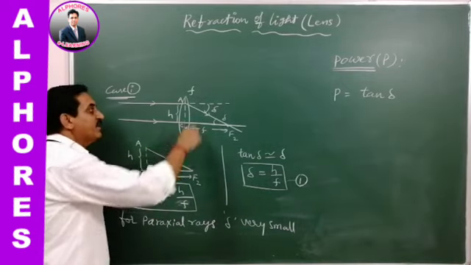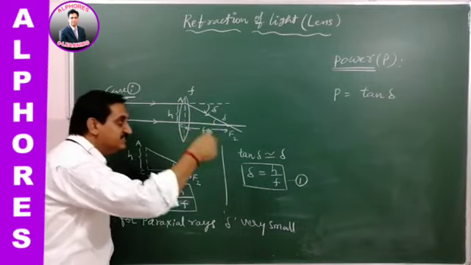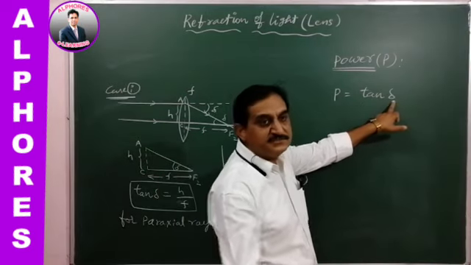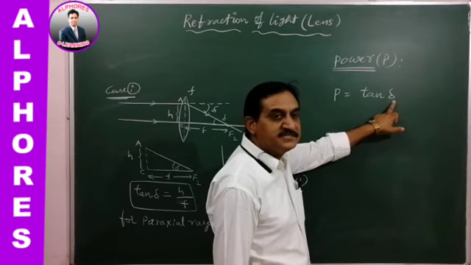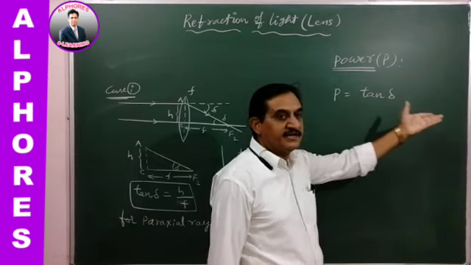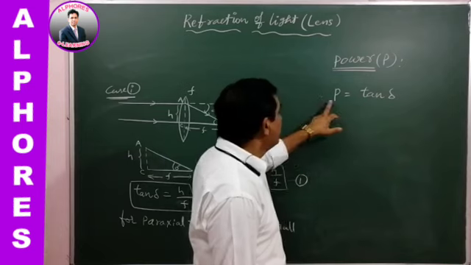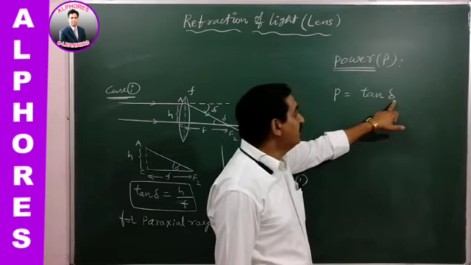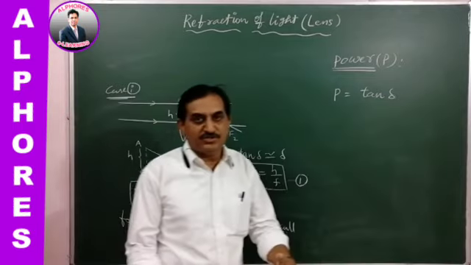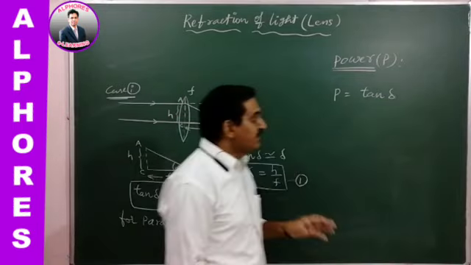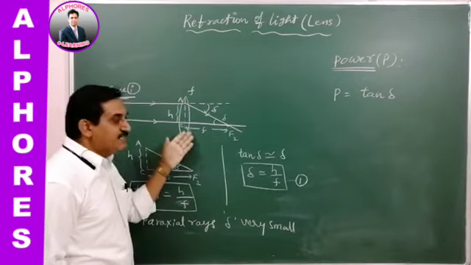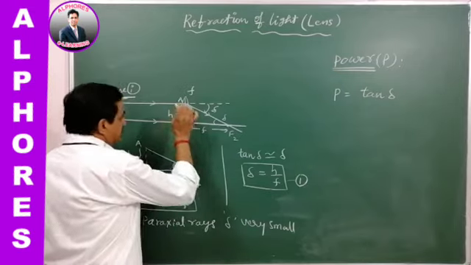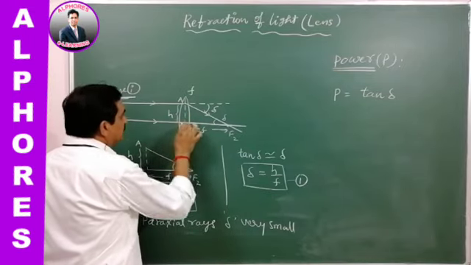Therefore, how much angle it is converging, how much it is deviated, that is the tangent of the angle by which the light is converged. That is the deviation angle, delta. Therefore, power is defined as the tangent of the angle by which the light diverges or converges whenever the light is incident on the lens at a unit distance from the optic center.